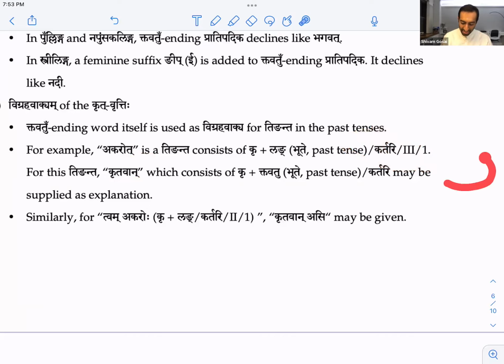But now if we're going this way, and we're using the Kṛdanta to describe the verb, then we have to be sensitive to the Purusha. Because the Purusha might not be Prathama Purusha. And in that sense, there's some change that needs to happen.